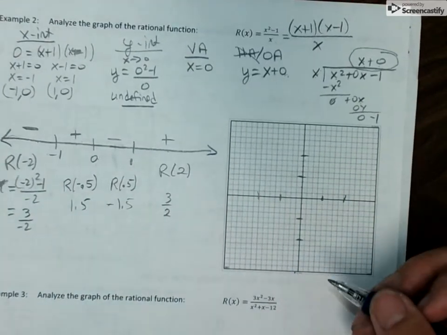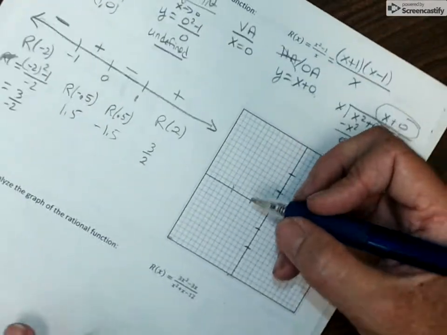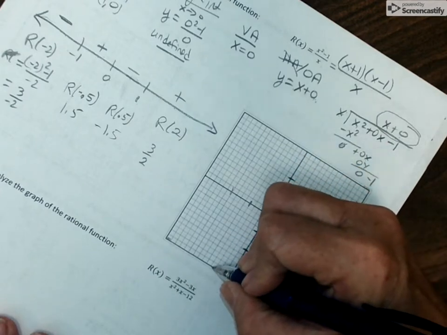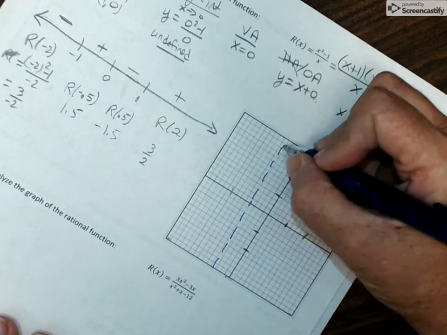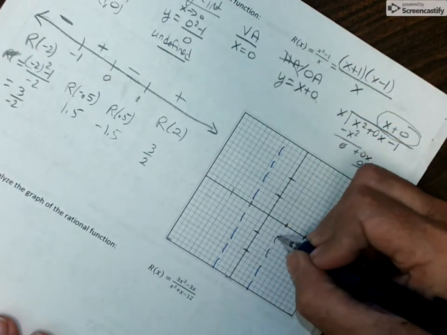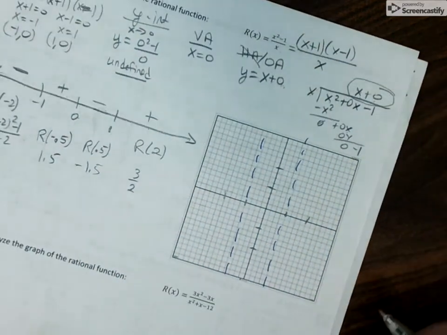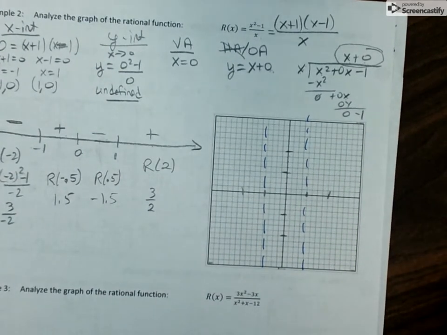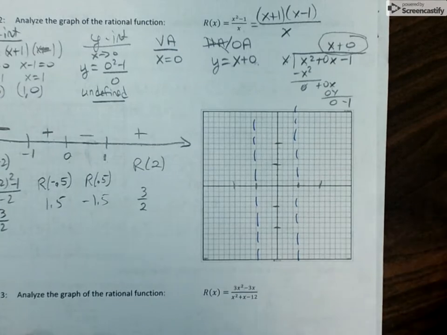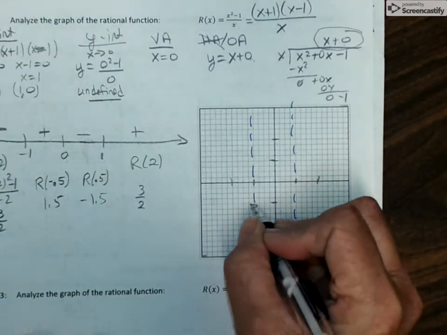So let's go ahead and draw in our asymptotes first, positive and negative 1. Okay, we've got those. Oh, those should have been x-intercepts. Ugh. Okay, sorry about that.